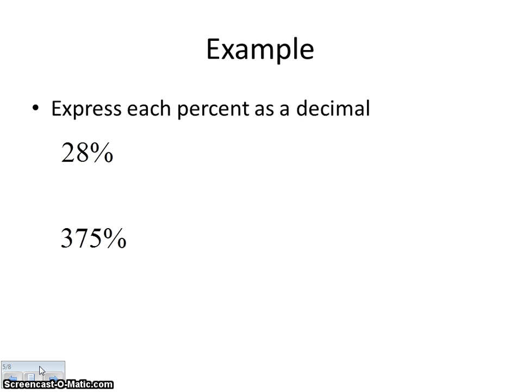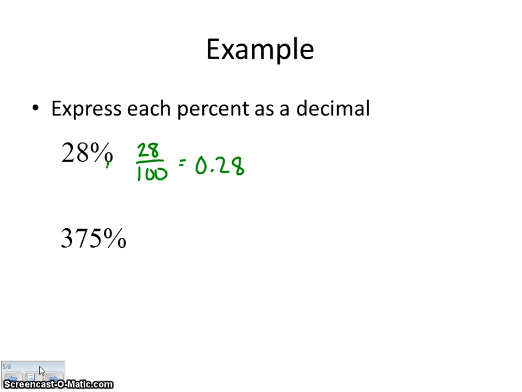And we have 28%. We want to divide by 100. Okay, so in your calculator real quick, go ahead and do 28 divided by 100. And you get 0.28. And then it told you to remove the percent symbol. And so it just now becomes 0.28.